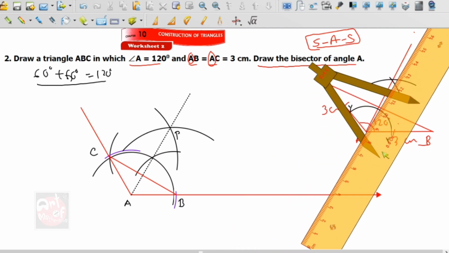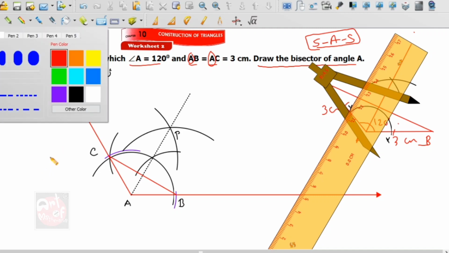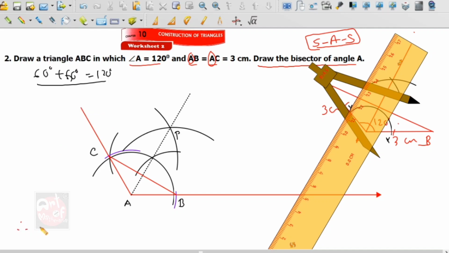So what they have told, draw the bisector of angle A. So now I am going to write the answer. Therefore triangle ABC is the required triangle.